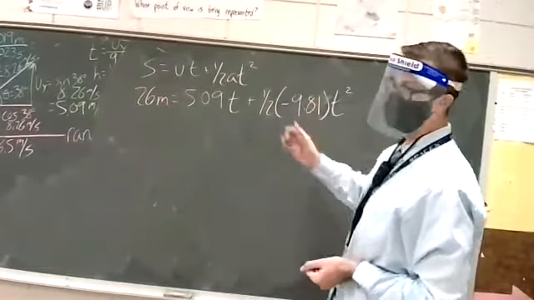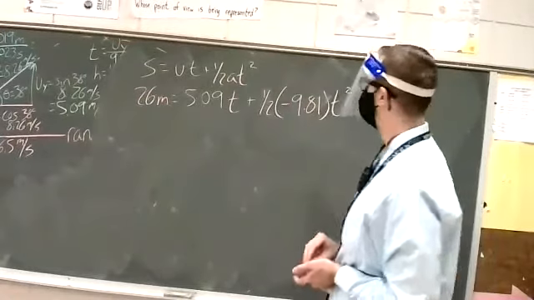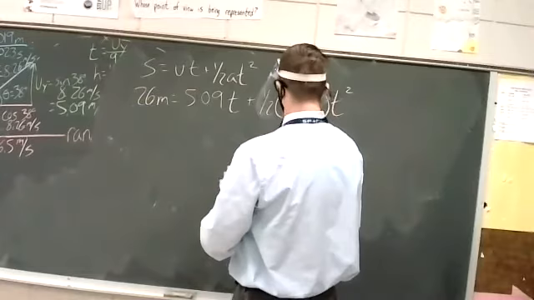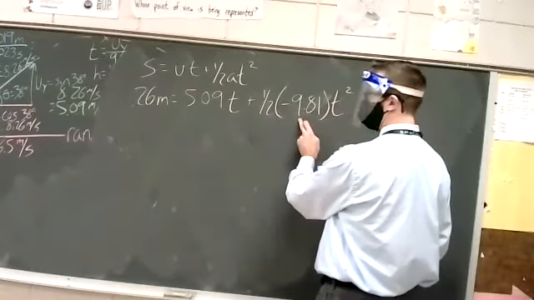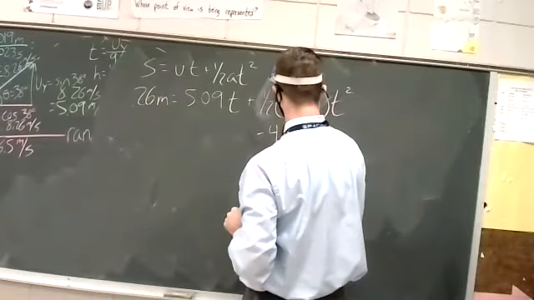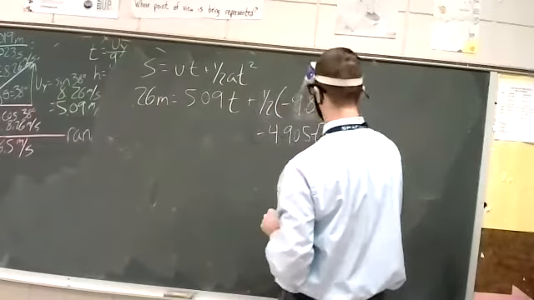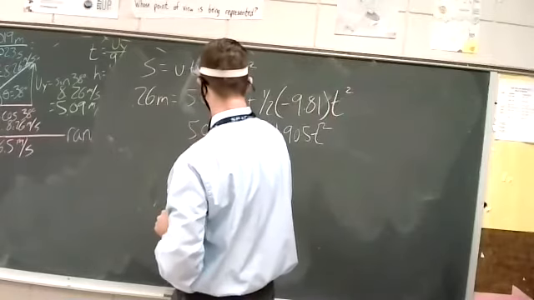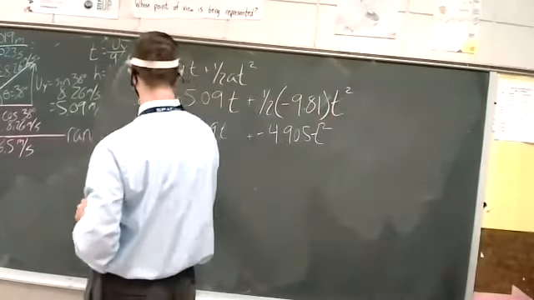Well, we have a perfectly solvable equation, right? Perfectly solvable. Let's write it like this, though. What's half of negative 9.81? Negative 4.905 t squared. This term is 5.09 t. 0.26.